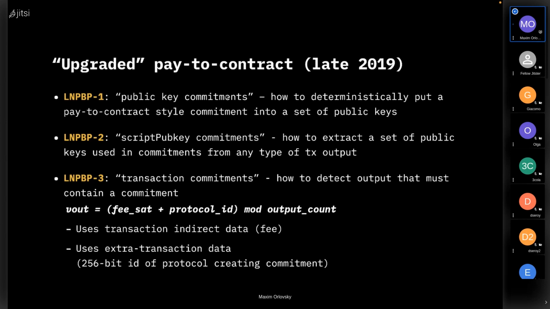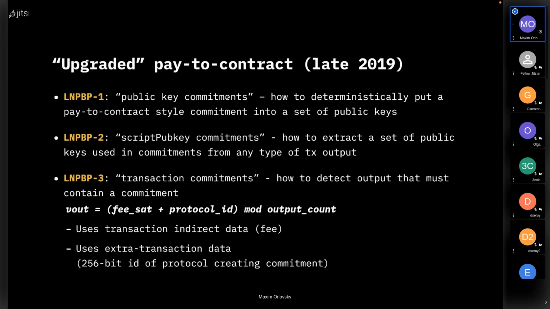Then we had LNPBP2 that explained how to extract this set of public keys from a specific transaction output, and LNPBP3 that described how to detect output that must contain a commitment. And for that, it was a very long discussion in 2019, lasting probably for most of the year.